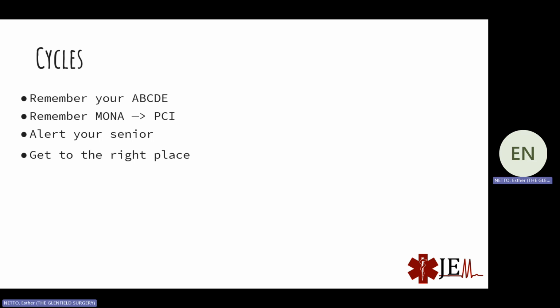You need to be alerting your senior pretty much as soon as you can, and that may be the senior that's around you, or you may even want to call the cardiology registrar, for example, to alert them of what's happening and that you're going to be sending them a patient. And most importantly, you need to get them to the right place. So if you're out in the community, or in a GP practice, or in the wrong hospital, you need to transfer these patients over to the correct hospital.